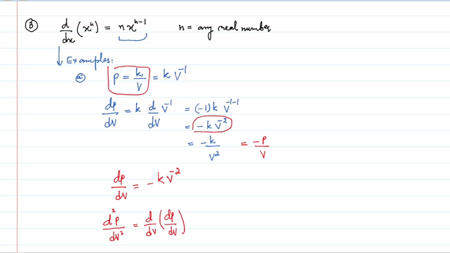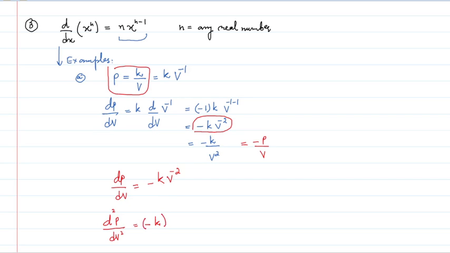Okay, this is one and the same thing. That means I have to differentiate it two times. Okay, this should be well understood from now onwards. So what you will do, you will first write this minus k, because this much is independent of v, we have to write it outside.